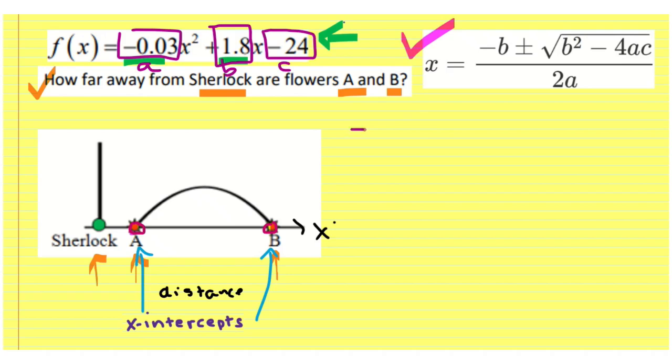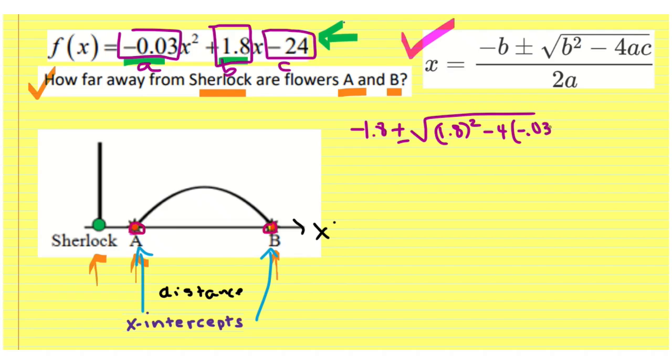So negative b means negative 1.8 plus or minus square root of b squared. The b again is 1.8, so it's 1.8 squared, and then minus 4 times the a, which is negative 0.03.